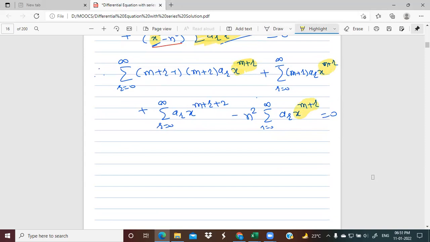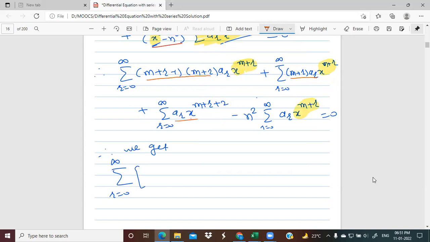Therefore, I will add all these terms together. Therefore, we get summation r equal to 0 to infinity. I will write here the coefficient of the first term, the coefficient for the second term, and a_r is now common.